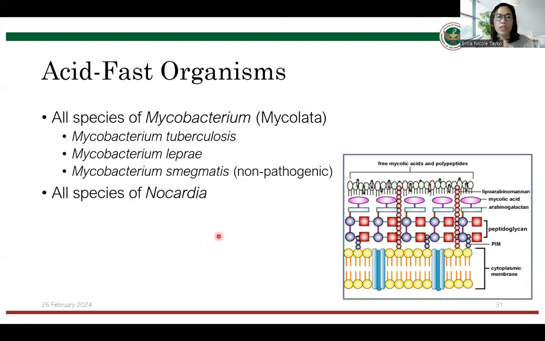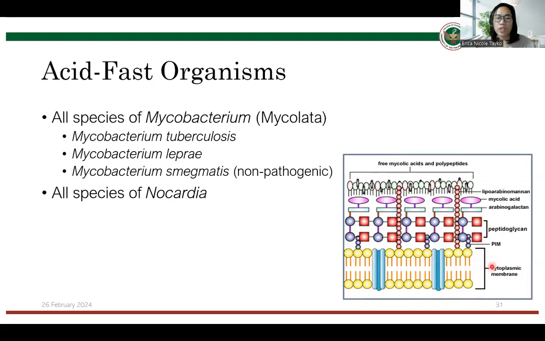So some species now that we have, your nocardia species and mycobacterium species. So some examples are your mycobacterium tuberculosis, the causative agent of TB, of tuberculosis, and also the causative agent of leprosy, your mycobacterium leprae.